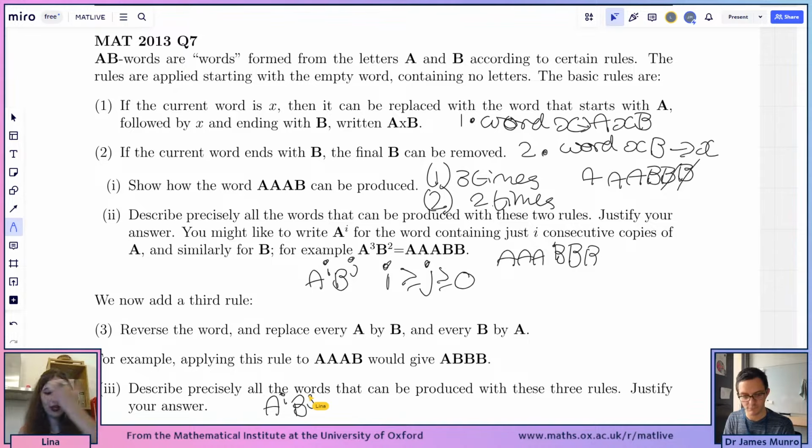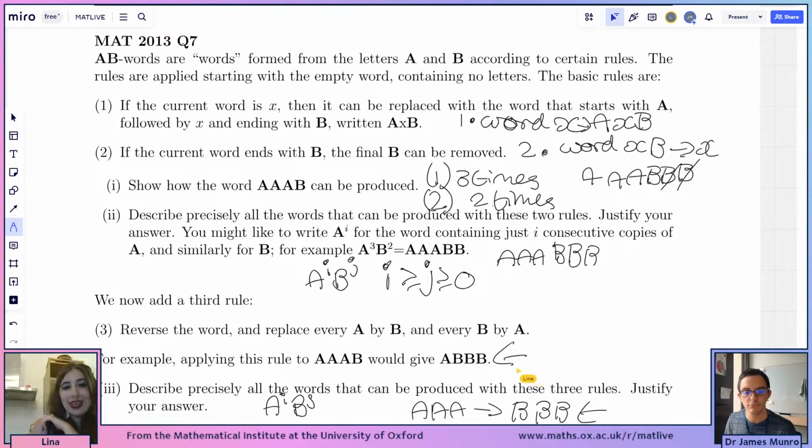But for example, now you could have the word A. And if we reverse this, replace every A by B, this is going to give us B. So we could have I being 0. And also, if we're reversing the word and replacing every A by B and every B by an A, then from this example and this example, we can have more B's than A's.